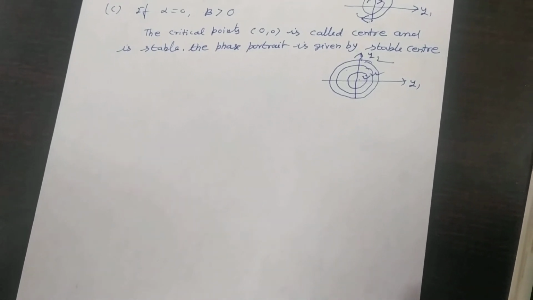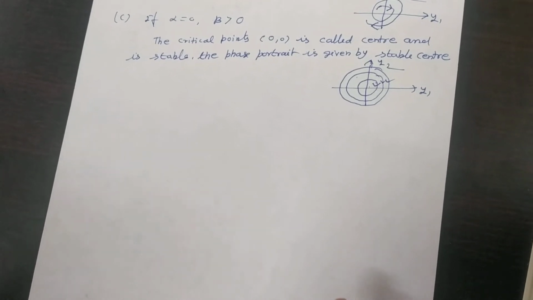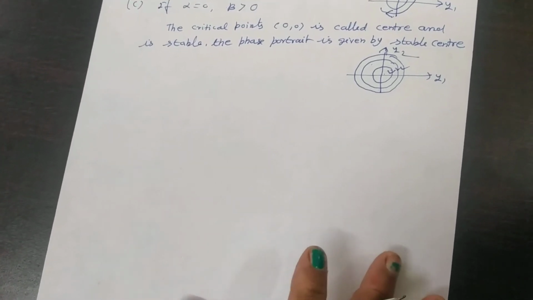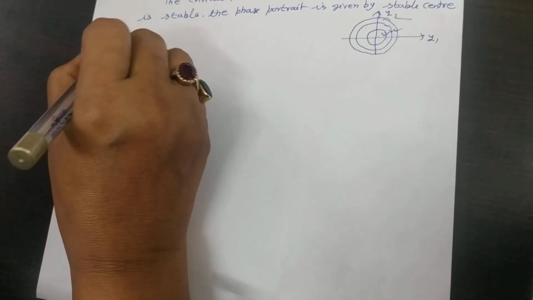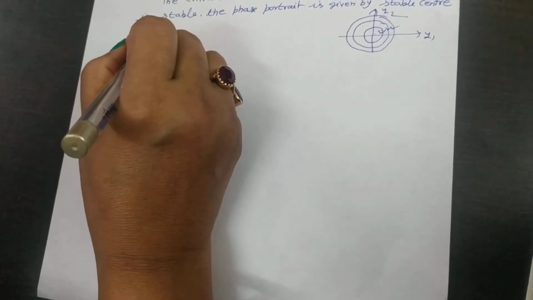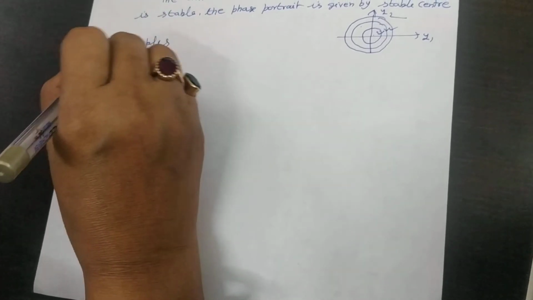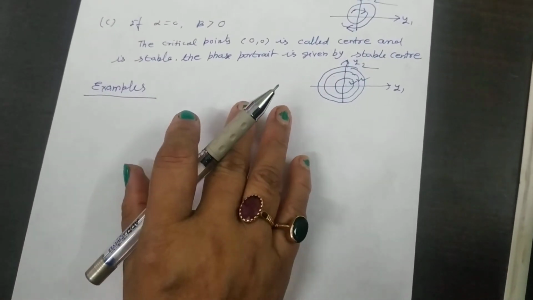Now I have defined all the cases for the roots when lambda 1 and lambda 2 are distinct roots, double roots, and also complex roots. So now I define some examples from lecture 1 and this lecture. You can solve many questions.